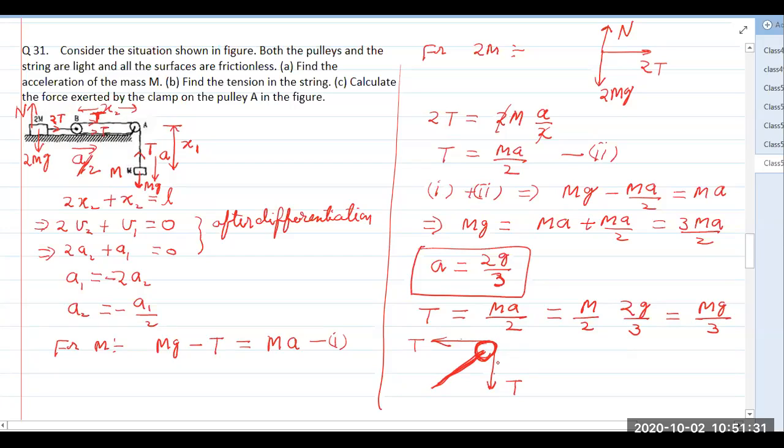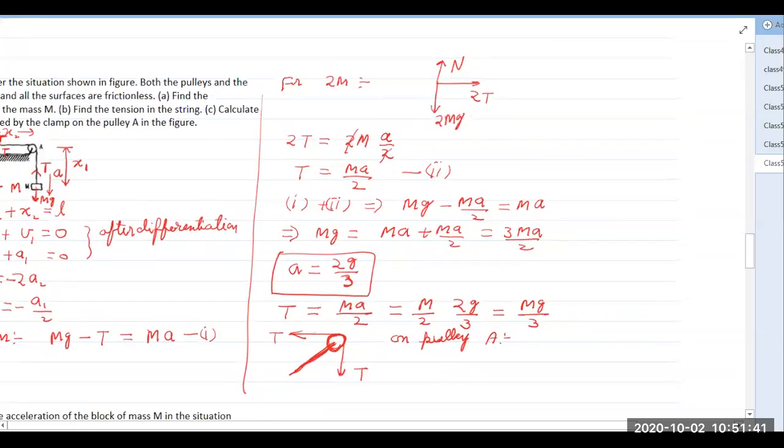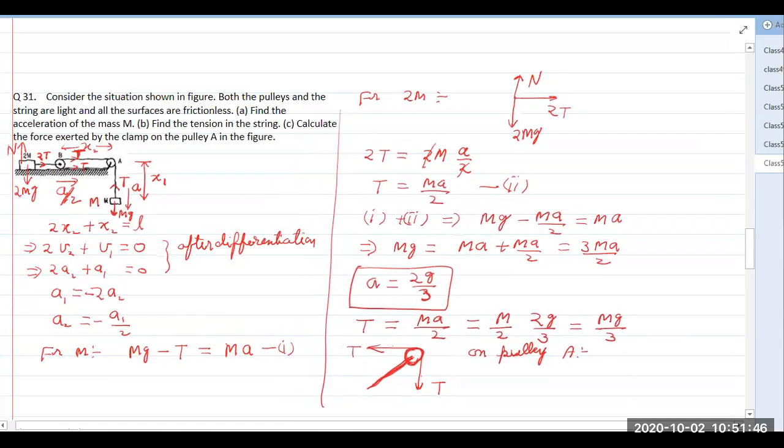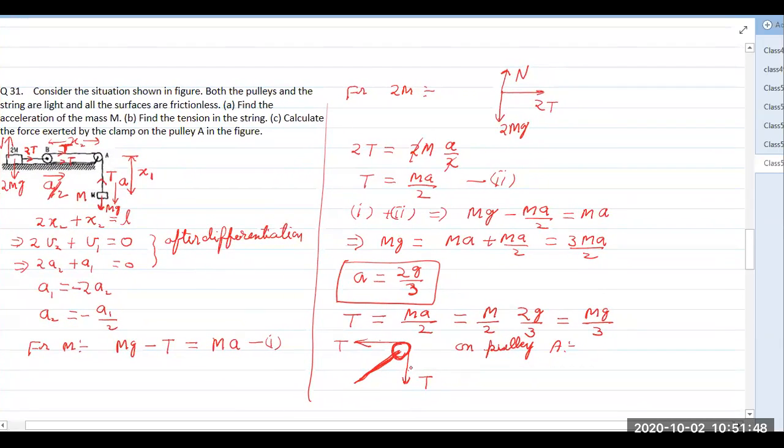On pulley A, what are the different forces acting? The forces are the clamp force, suppose we say R, and the two tensions T. There is no mass for the pulley because we always assume the pulley is massless.